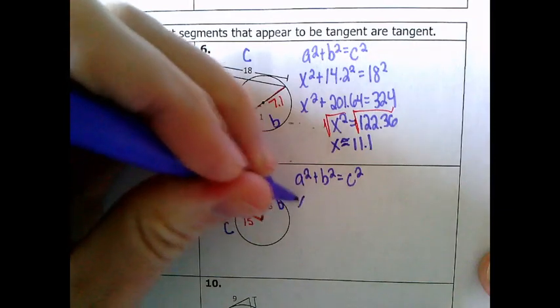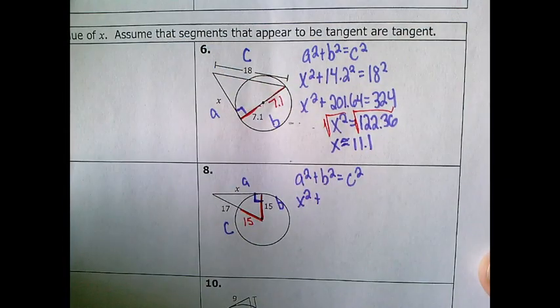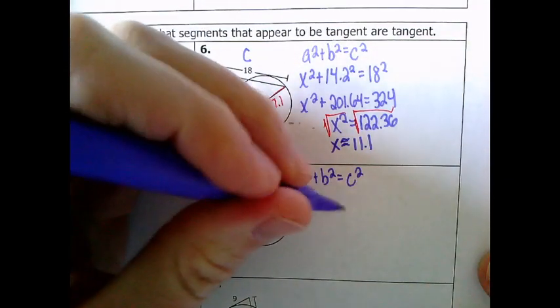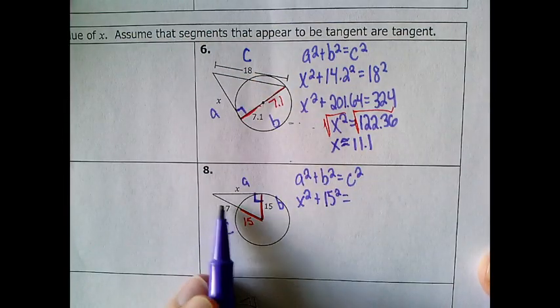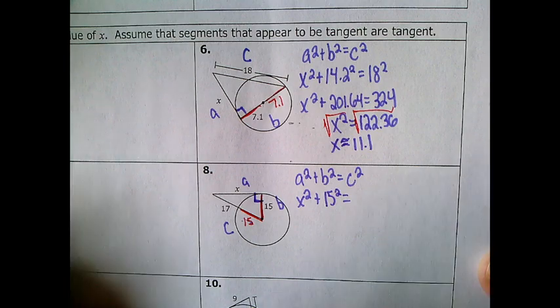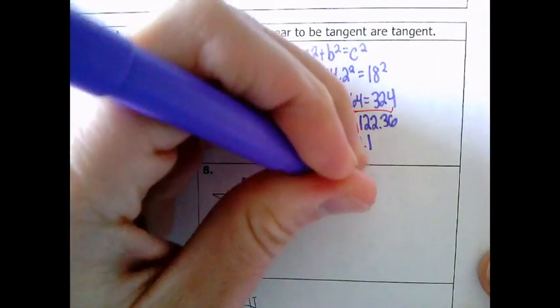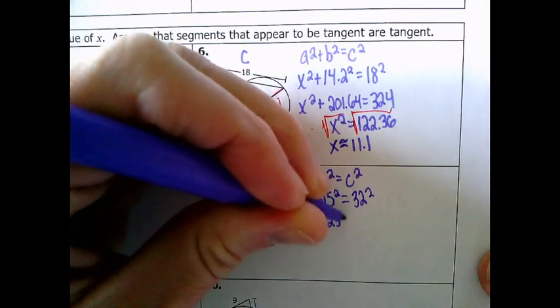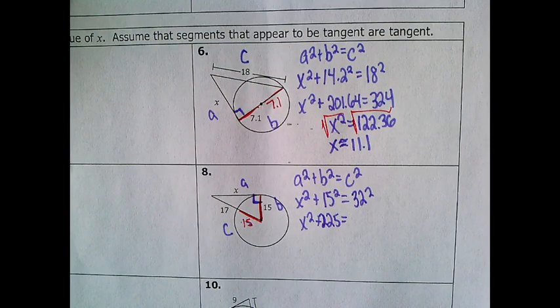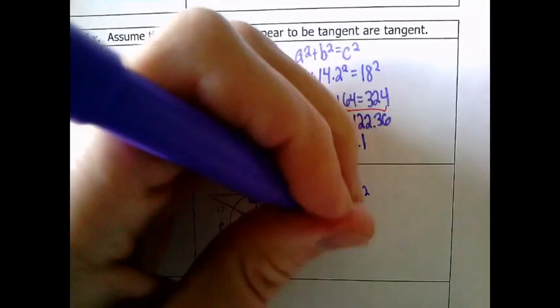A is X. B is 15 squared. And C is both of those totaled, so that's 32 squared. 15 squared is 225. 32 squared is 1024.